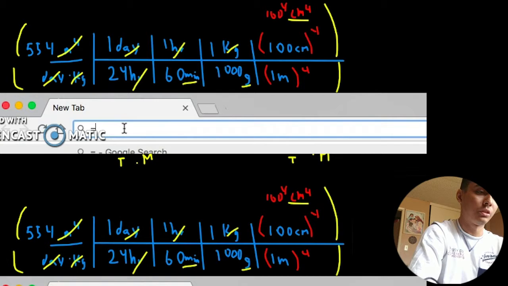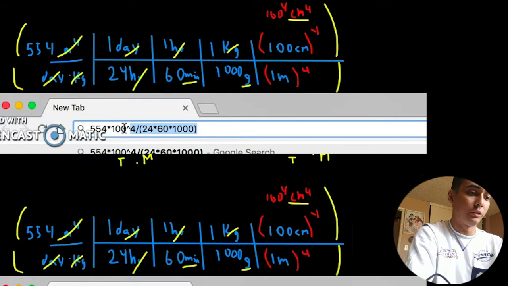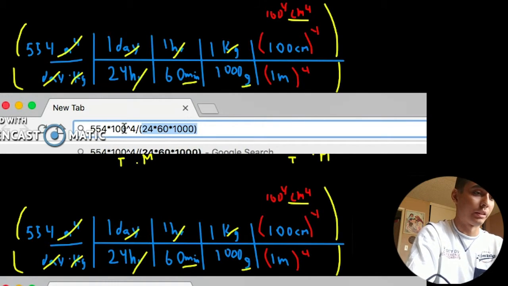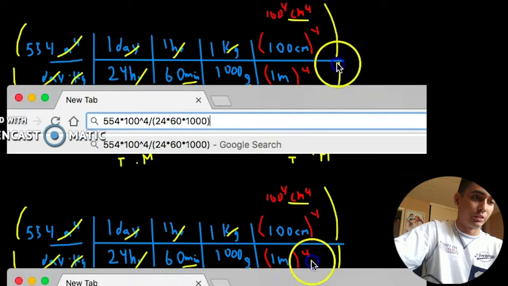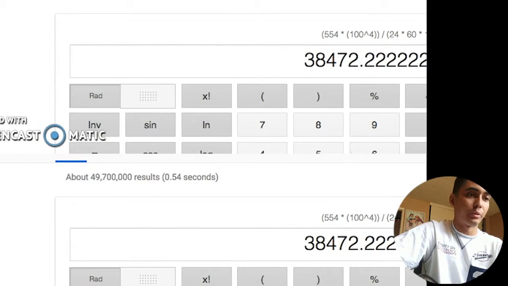So, 554 times 1 day times 1 times 1 times 100 to the fourth power. I already did this problem, I'm sorry guys. Divided by 24 times 60 times 1,000. And that gives us an answer of 38,472.